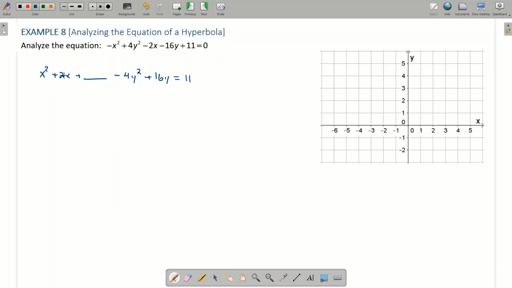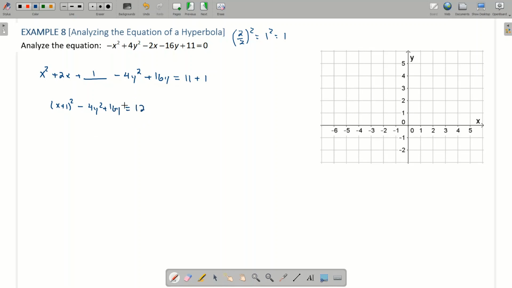So we take the b term right here, 2, we divide it by 2, and then we square it. Well, that's just going to be 1 squared, which is 1. So we're adding 1, but that means we got to add 1 here as well. Go ahead and factor that. So it's (x plus 1) all squared minus 4y squared plus 16y equals 12.